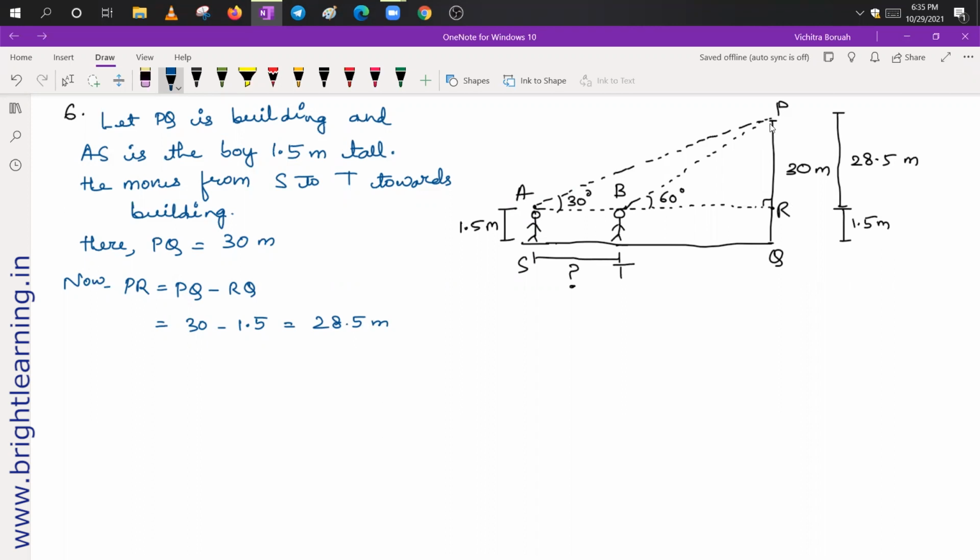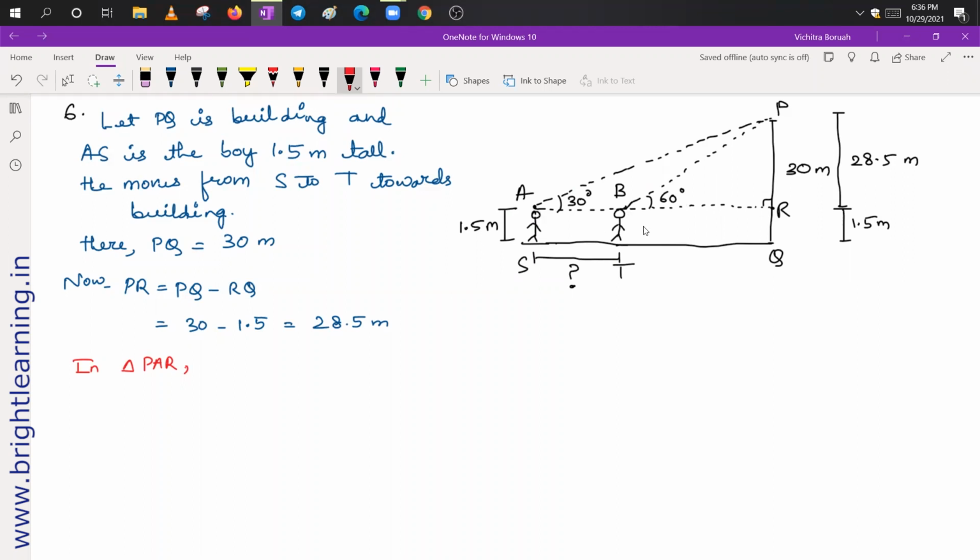This whole triangle PAR. So now in triangle PAR, here we will use the trigonometric ratio, that is tan 30 degree. Okay, because you have to find this distance. So to find this distance, you will have to find first this distance and this distance.